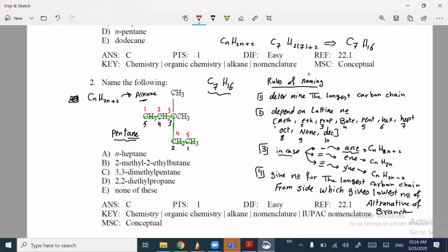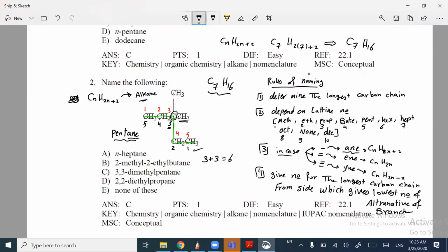If we take the numbering from this direction, we'll find a branch on carbon atom number 3, called methyl, and the other branch on carbon atom number 3 as well, so it will be 3 plus 3 giving 6.